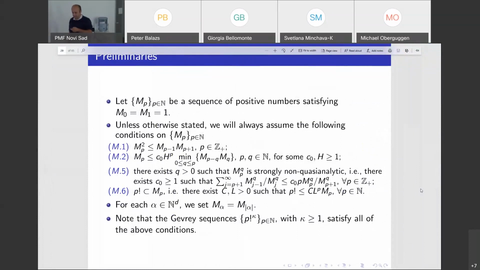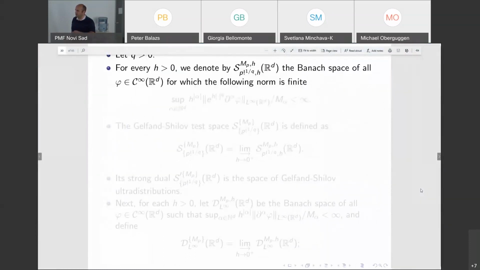And then let's see the space of Gelfand-Shilov type. Q is hidden somewhere above. So for every h greater than 0, we have the Banach space of all functions that are rapidly decreasing.